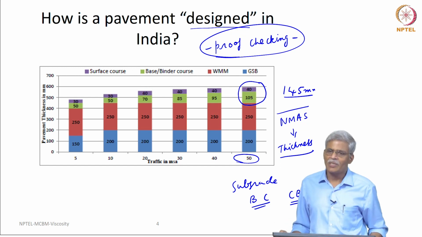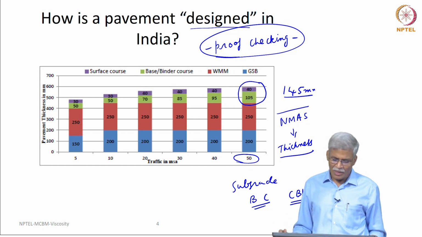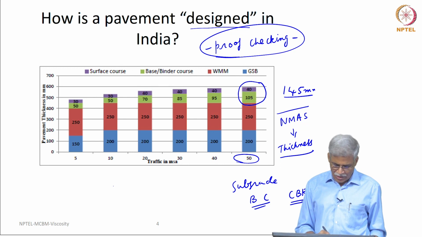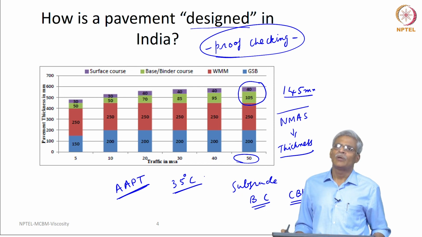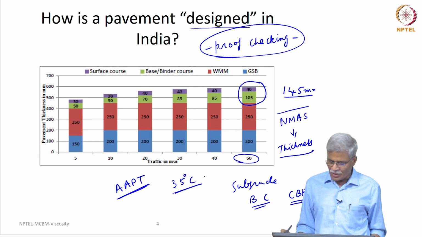So, these are thicknesses that are already prescribed, and such thicknesses are normally given based on a specific average pavement temperature, and in IRC some templates are given for an average annual pavement temperature of 35 degrees centigrade.